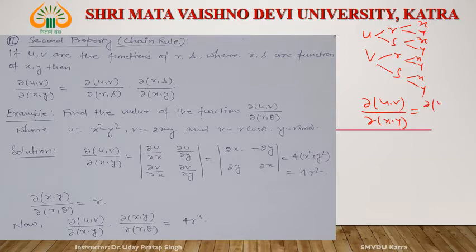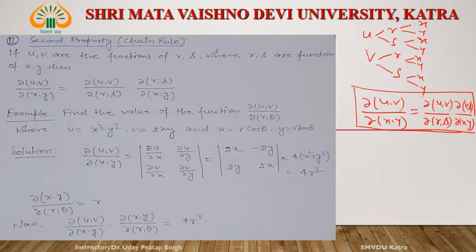This is given by ∂(u,v)/∂(r,s) times ∂(r,s)/∂(x,y). This rule is known as the chain rule. Using this chain rule, we can solve this problem.